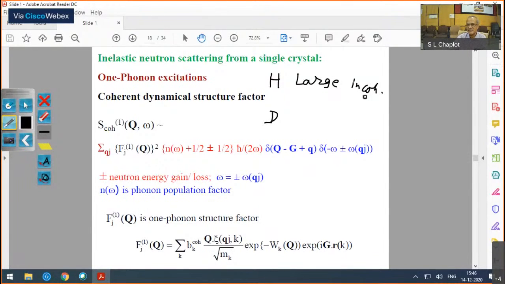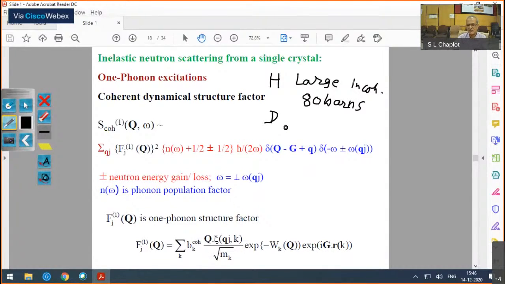So that means a large incoherent scattering will occur, and that will give you a very large background, which is in fact extremely large. The incoherent scattering cross section is in the range of 80 barns, as against a few barns for the coherent scattering. So if you wish to make phonon measurements in solids containing hydrogen, then it's not a good idea to use hydrogen, but often we deuterate the sample, that means replace the hydrogen with deuterium atoms.